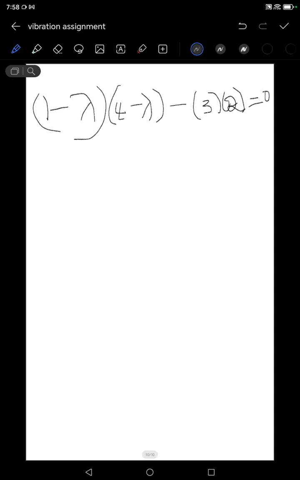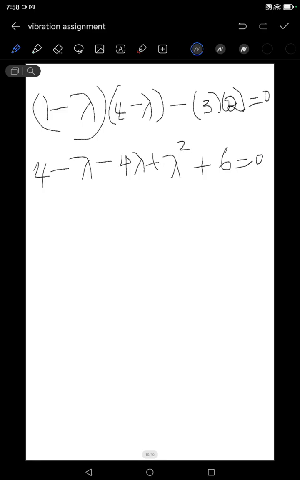So it's going to be 1 multiplied by 4, which is 4. 1 multiplied by negative lambda is going to be negative lambda. Negative lambda multiplied by 4 is going to be negative 4 lambda. And then negative lambda multiplied by negative lambda is going to be a positive lambda squared plus 6 or equals to 0. Guys, remember these values of k we were just assuming. It's not the correct one.